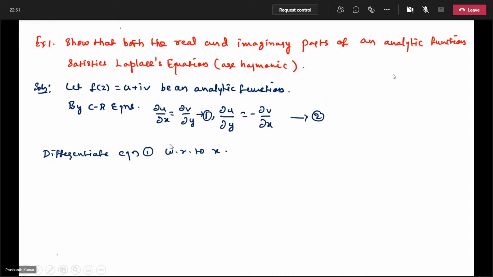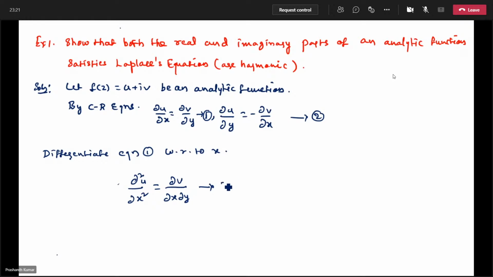Differentiating equation 1 with respect to x, that means dou by dou x of dou u by dou x, that is dou square u by dou x square, is equal to dou by dou x of dou v by dou y, which is dou square v by dou x dou y. This is what we are getting. This is equation number 3.